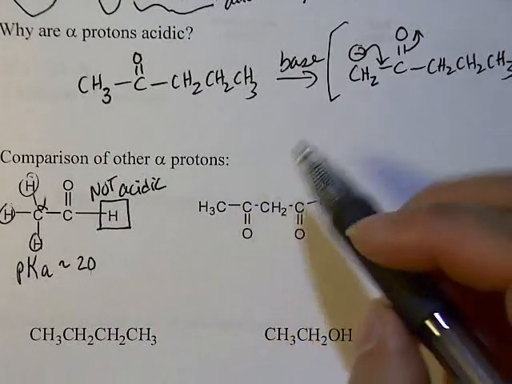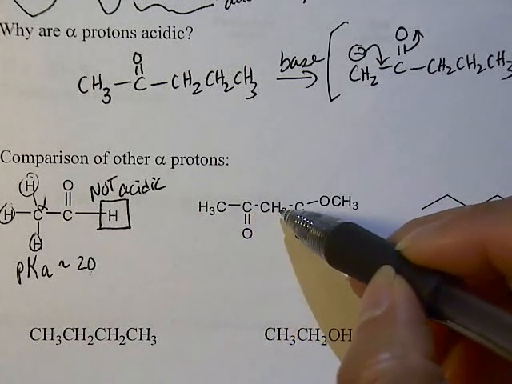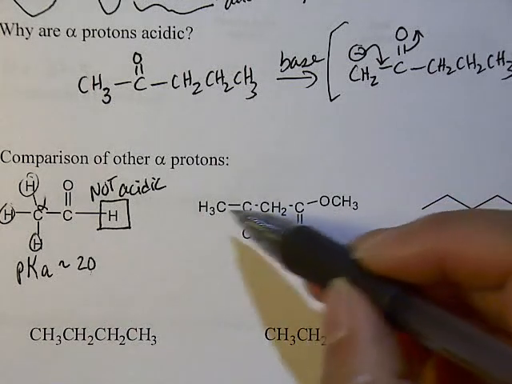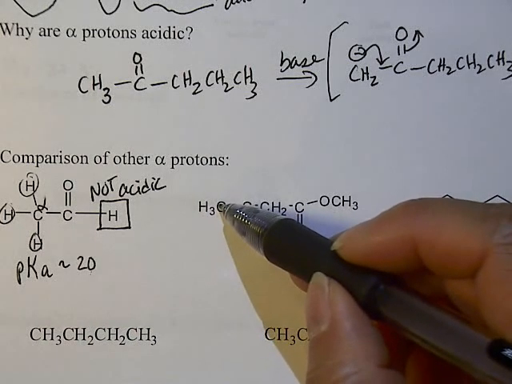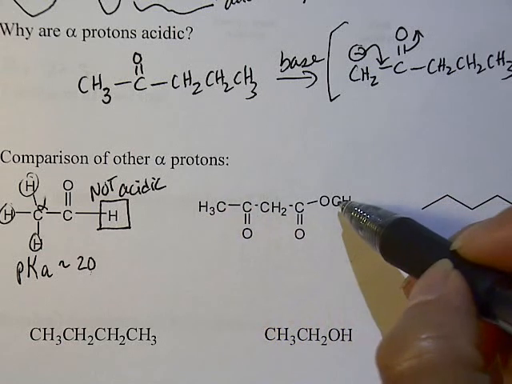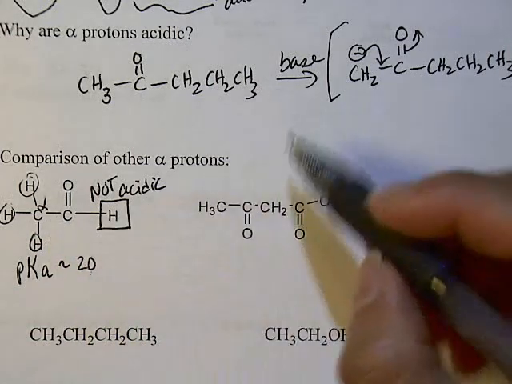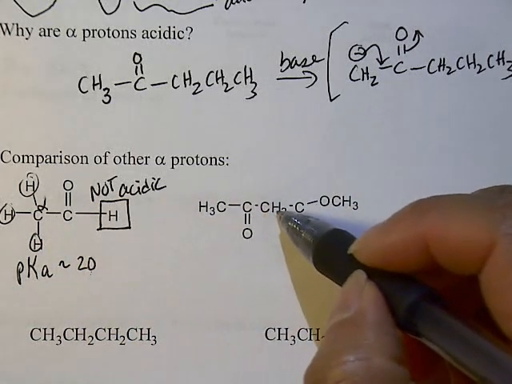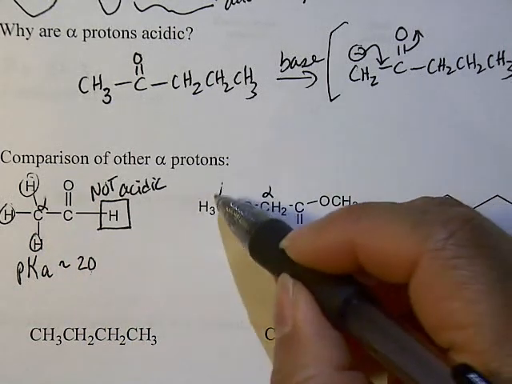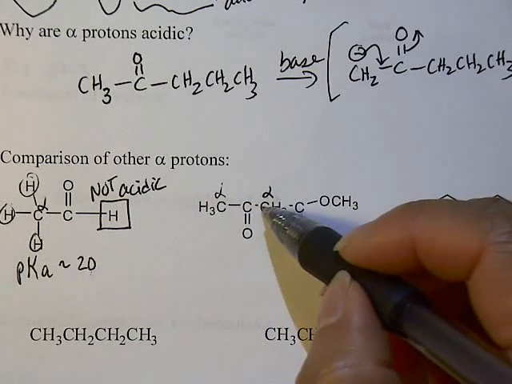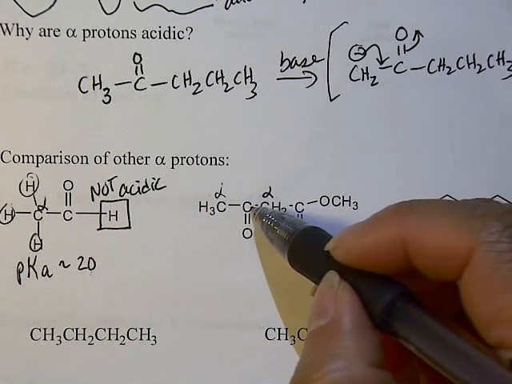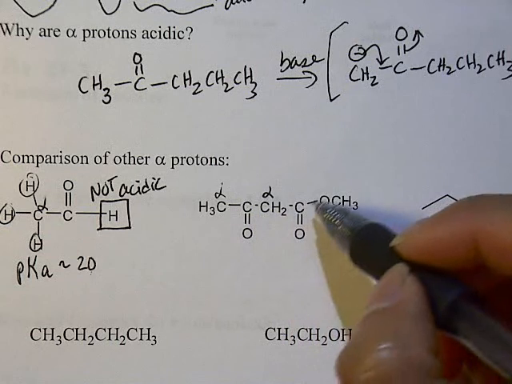Now this compound in the middle with the two carbonyls, the alpha carbon hydrogen here is going to be around 20, just like here. But notice this alpha proton is even more special in that it is between two carbonyls.